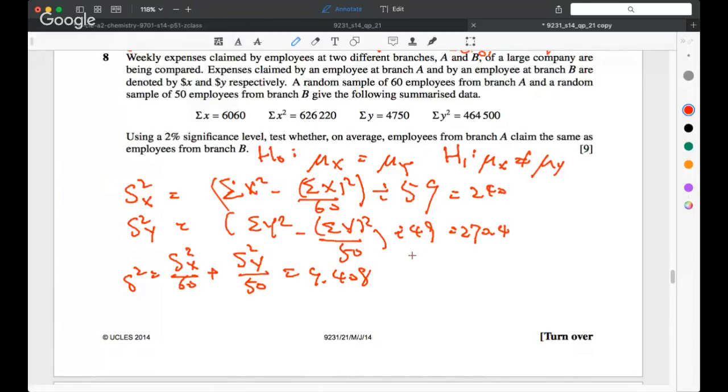So we now define a new variable Z equal to 101 minus 95 divided by S. So 101 is the mean of branch A and 95 is the mean of branch B, and we divide that by the estimated standard deviation for the combined sample. And we find in this case Z to be 1.96.